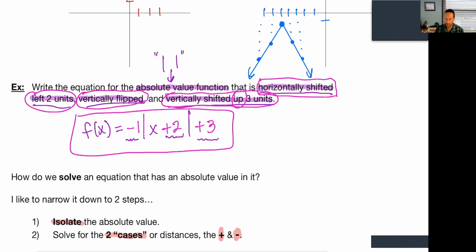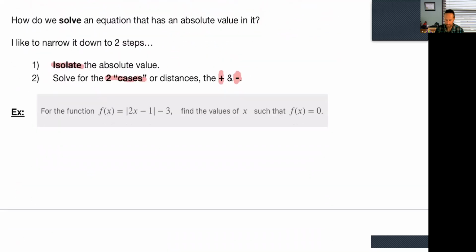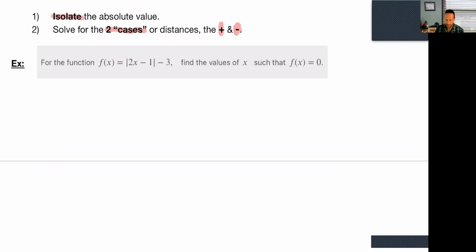So let's try it. Let's do an example. What if I gave you this function? Obviously, it's an absolute value function, and I wanted you to find all the x's where f of x is equal to 0. In other words, they're telling you y is equal to 0.